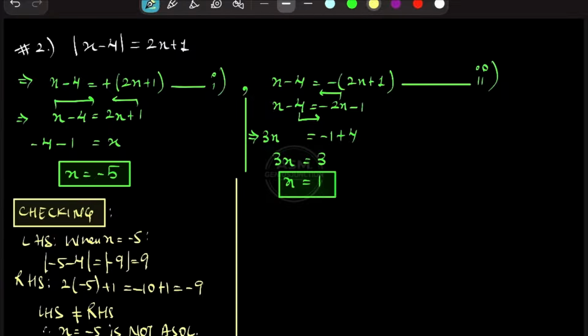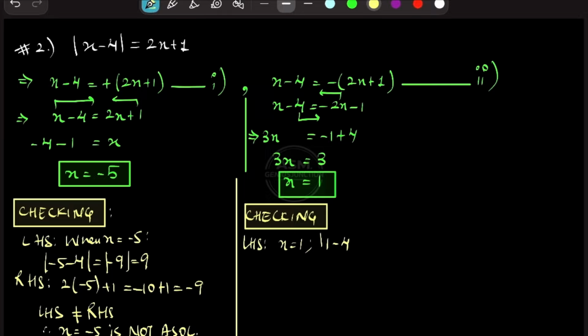Same way I will proceed for x equals 1. So again there is a checking part of it. Let's see what we get for it. In the LHS part, when I put x equals 1, I get 1 minus 4.